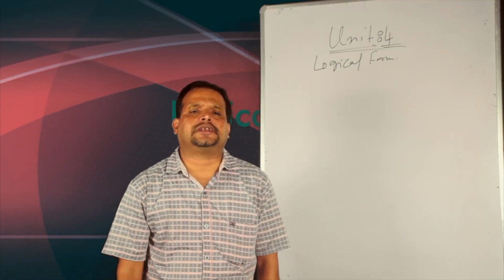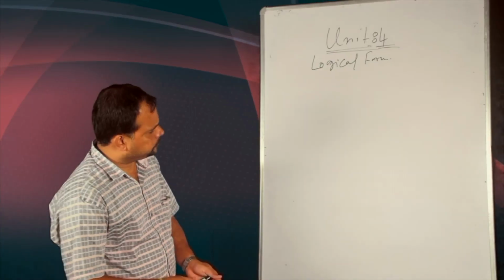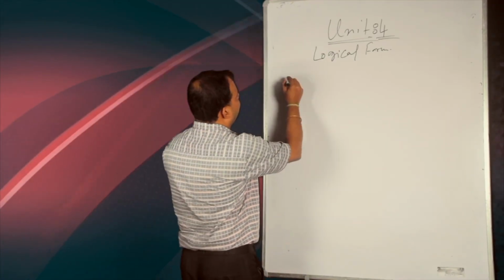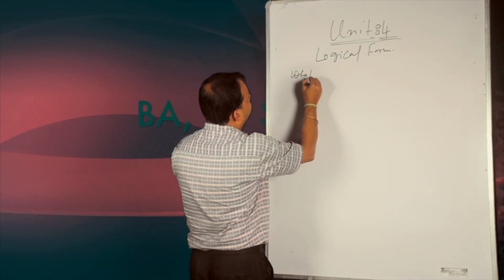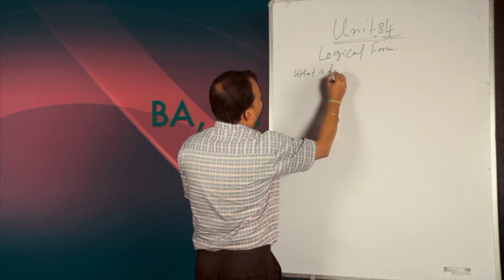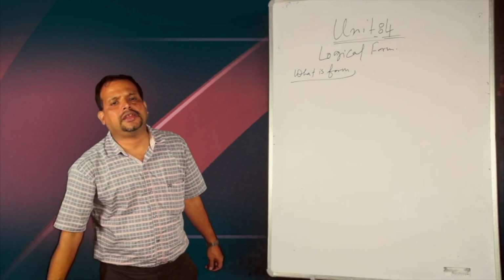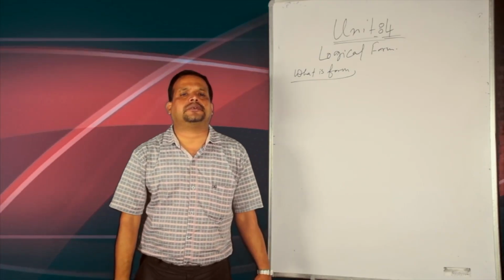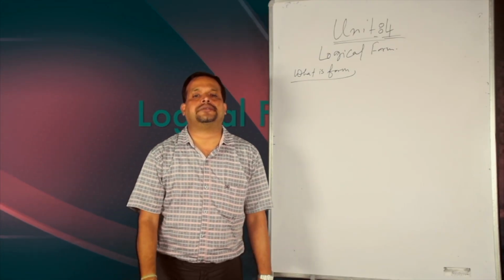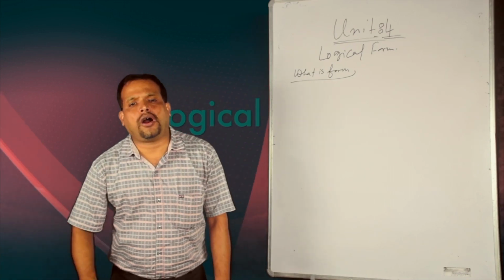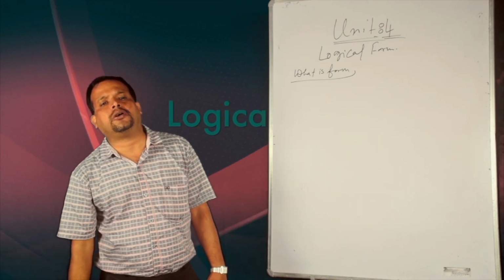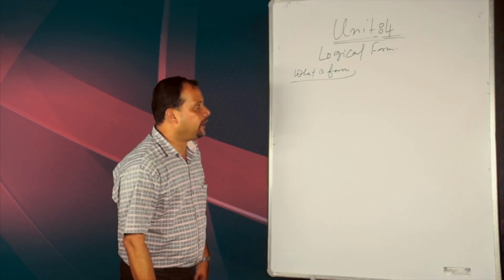Now, dear learners, what is form? At first you have to know what is form. We can observe that in our day-to-day life, we often use the terms form and matter.